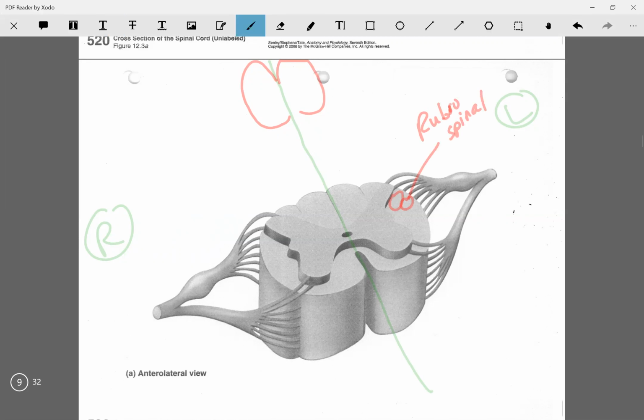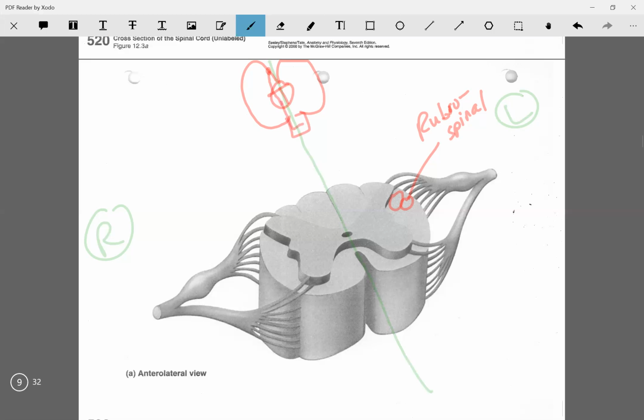Okay, rubrospinal. Okay, but it's on the left side, which means we're over here. So there's your thalamus, brainstem. All right, and let's say it's the foot, so we'll be there. The motor information comes down.